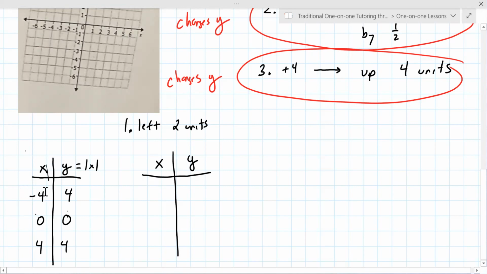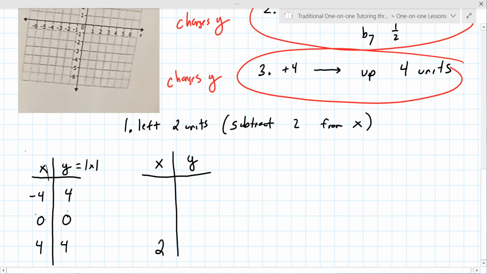So when you go left 2 units, what does that do? You're going to subtract 2 from x. Sometimes it's easier to work with the positive ones. What is 4 minus 2? 4 minus 2 is 2.